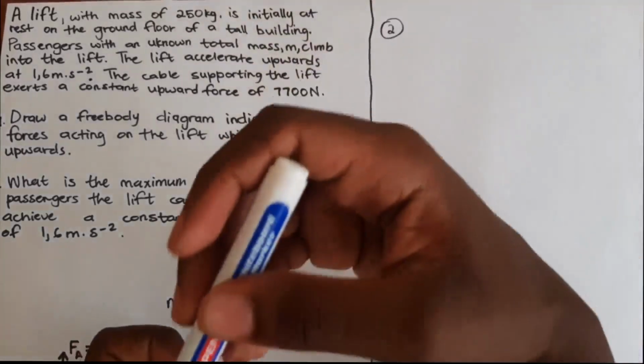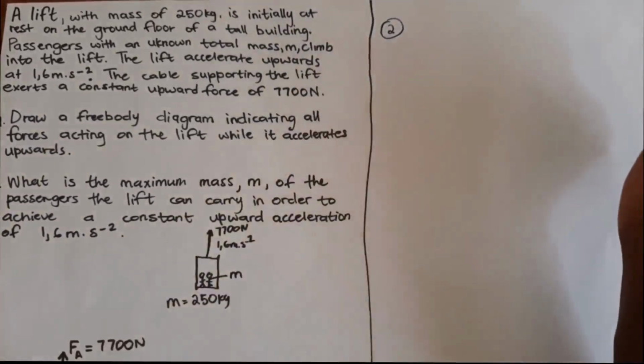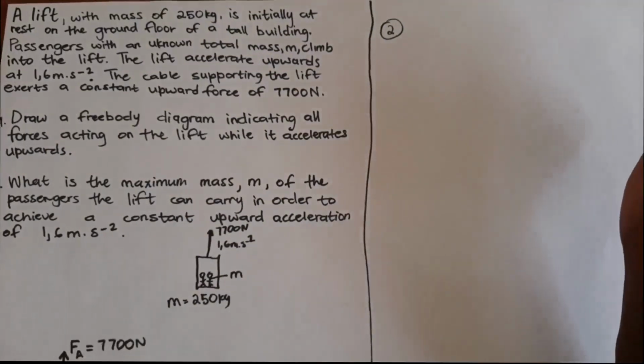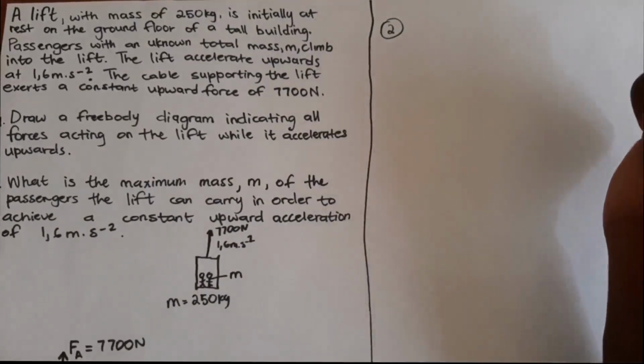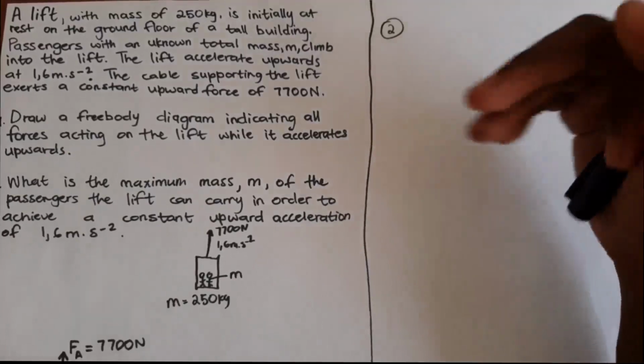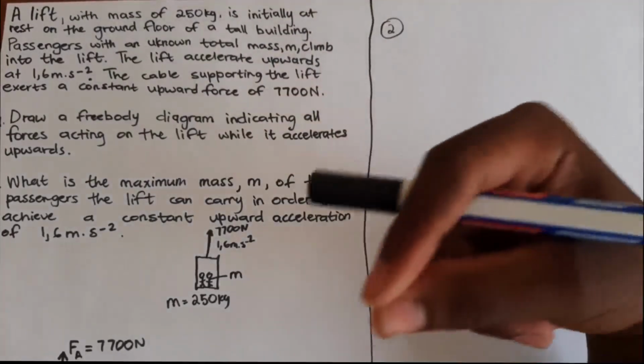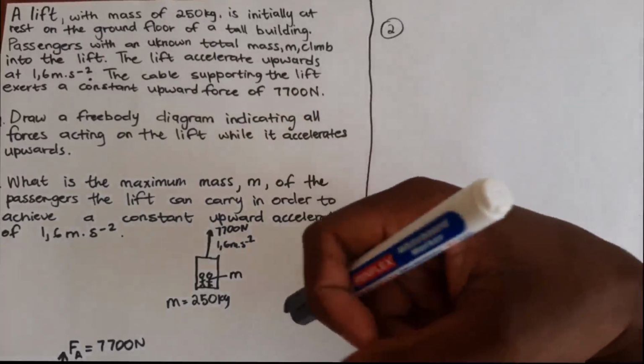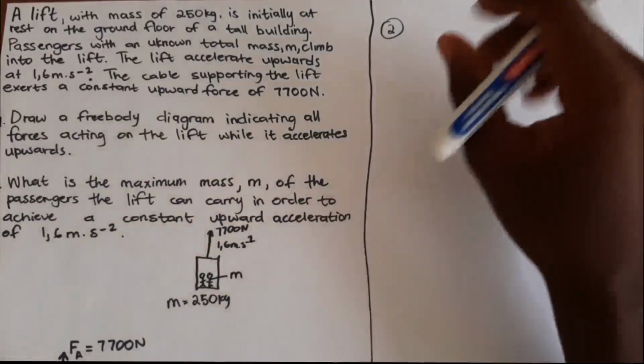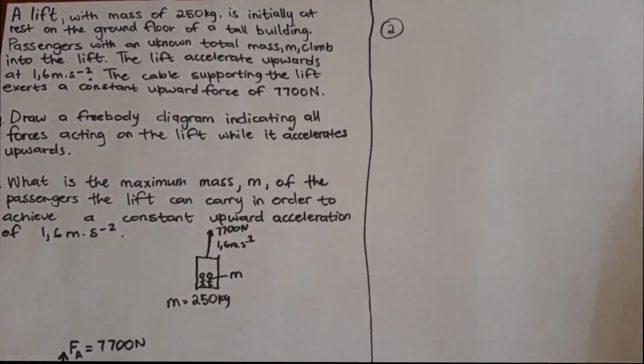The question is basically asking what the maximum mass of the passengers inside the lift can be, so that the cable can pull the lift upwards.